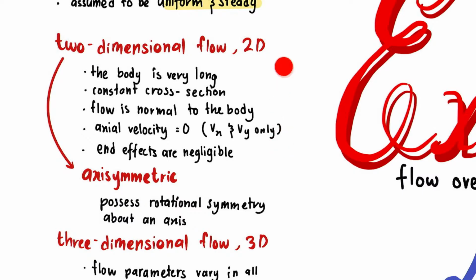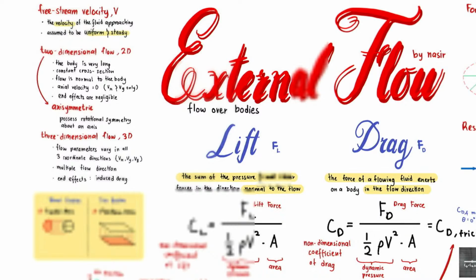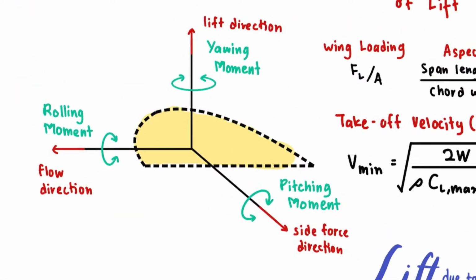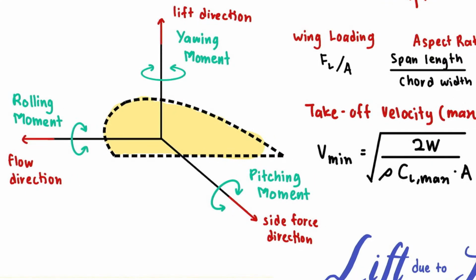Hold up. Okay, let me draw it nicely. Assume that this is the cross section of the body, which is just constant, like this aerofoil, and there is no velocity in the side force direction.